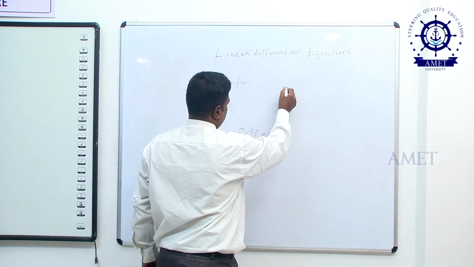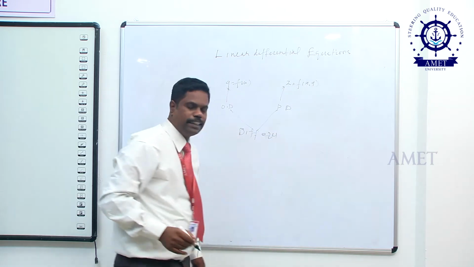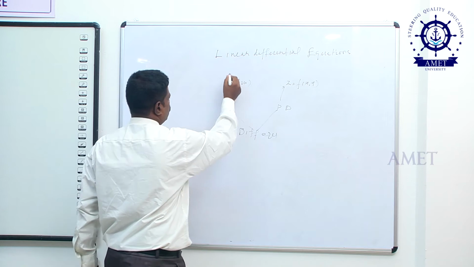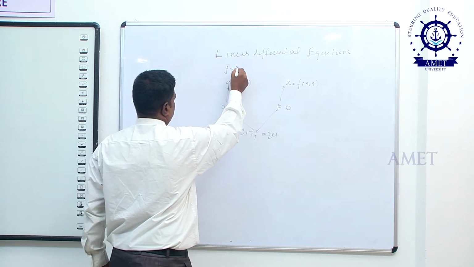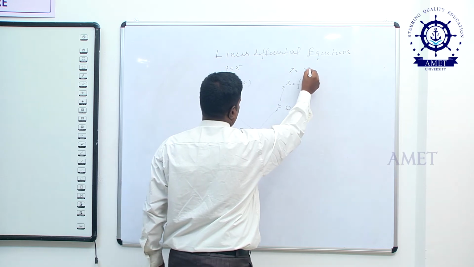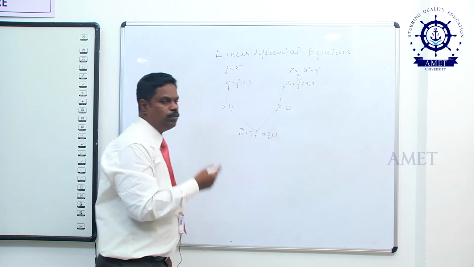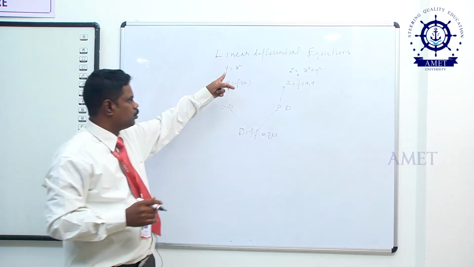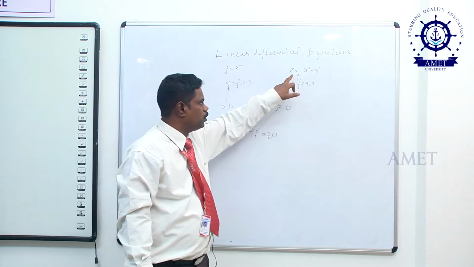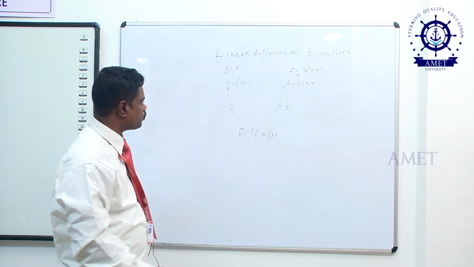Here z is a function of x and y. For example, y is equal to x squared, and z is a function of x squared plus y squared. In ordinary derivatives, y is expressed in only one variable. In partial derivatives, z is expressed by two variables.